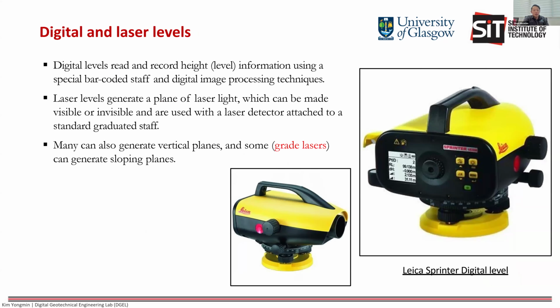An updated version of the level is the digital and laser levels. Digital levels read bar-coded staffs automatically. This reduces human error, which you will also learn about in the later part of the lecture. And laser levels project the reference plane.